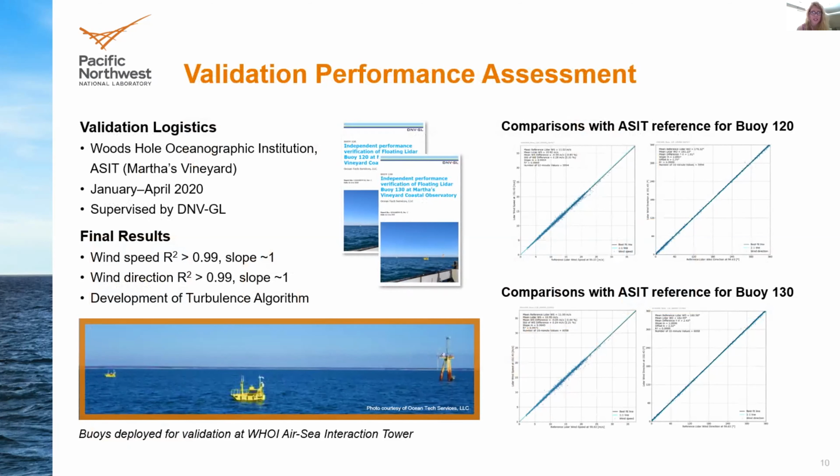I have some plots here that you can at least just see from a high level, that for both buoys, there are plots for both wind speed and direction. The correlation is excellent between the wind speed and direction on both buoys compared with the ACIT tower. Very, very high R squared with slopes that are very, very close to 1.